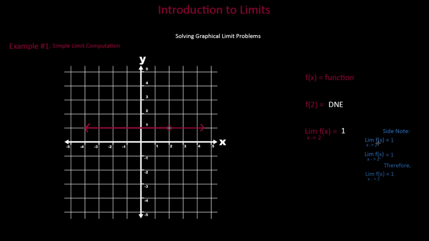The negative superscript at the 2 indicates from the left. The positive superscript here at the 2 indicates from the right. It is always useful to evaluate the limit from each side to make sure the overall limit exists. This will become more important in example 3 of this video. First, let's move on to example 2.